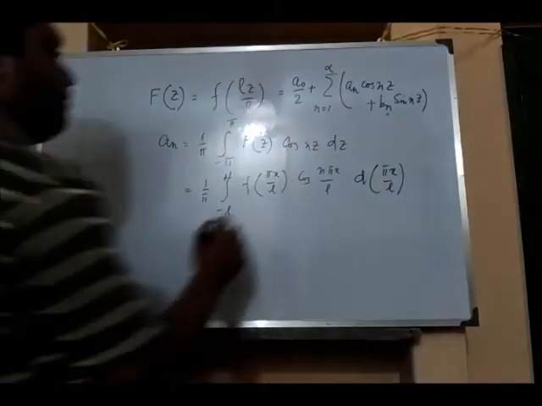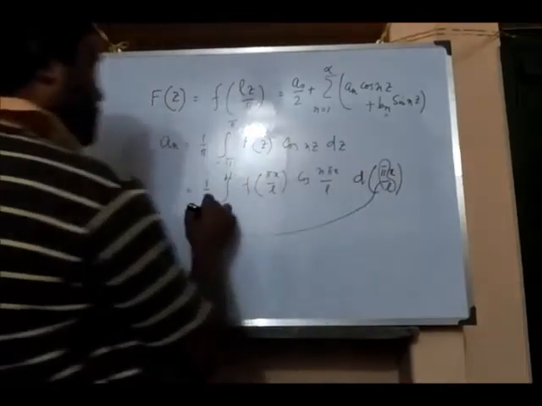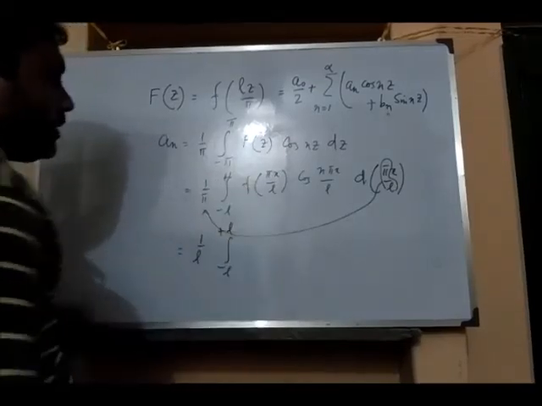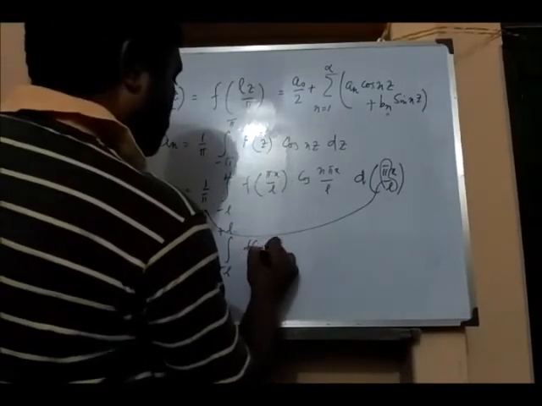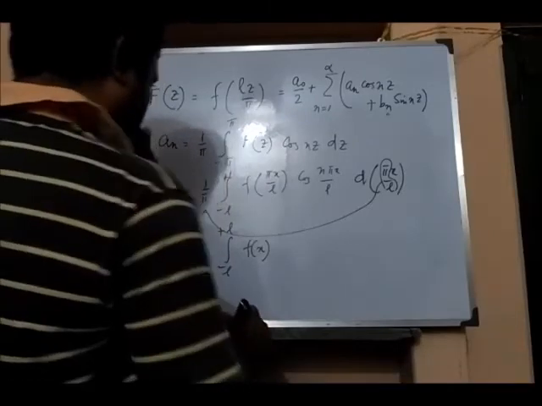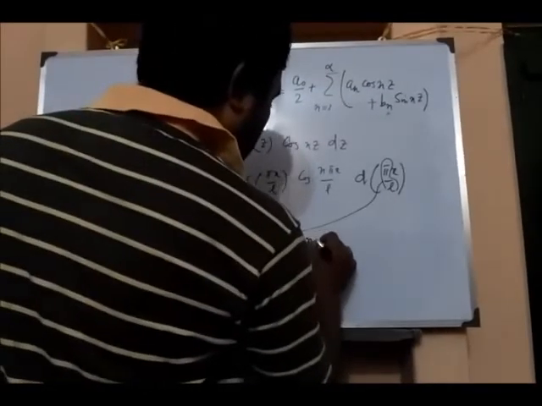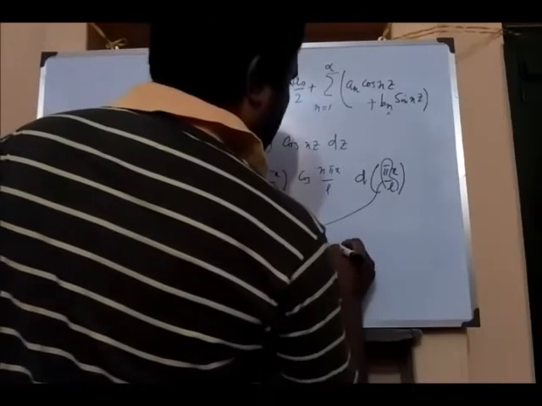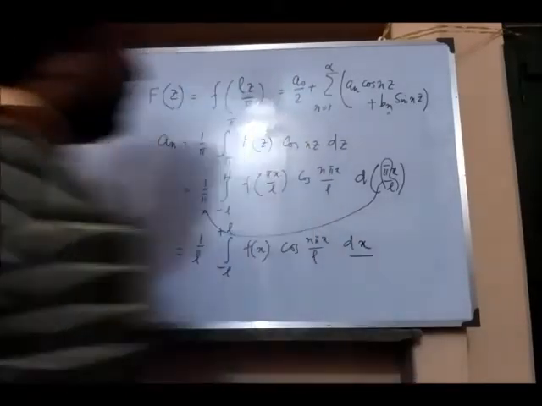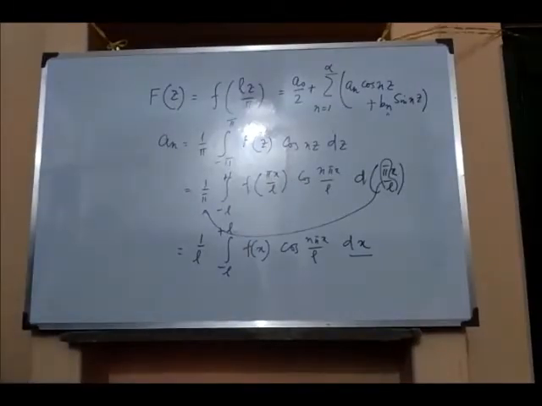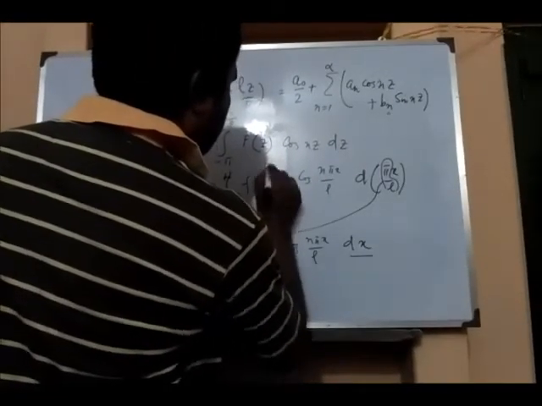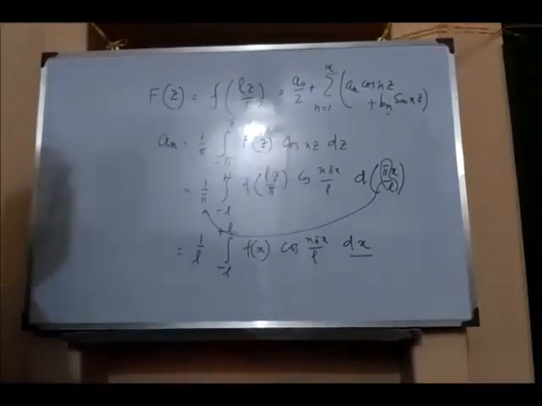Again you just bring this pi by L outside the integration, and what you will get is 1 upon L, integral from minus L to plus L of f(x) cos n pi x by L dx.